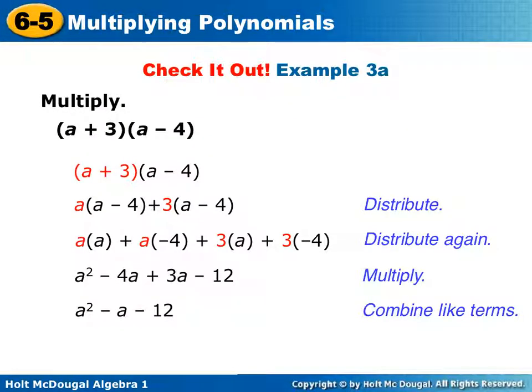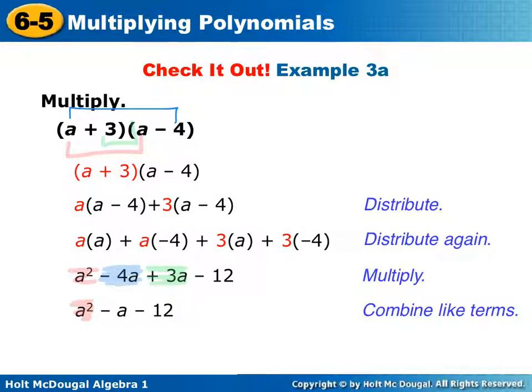Here's another example. Again, you're going to distribute, and now they're going back to the distributive property, but it's the same thing if you FOIL. First gives you a squared. Outer gives you negative 4a, which is right here. The inner gives you positive 3a.